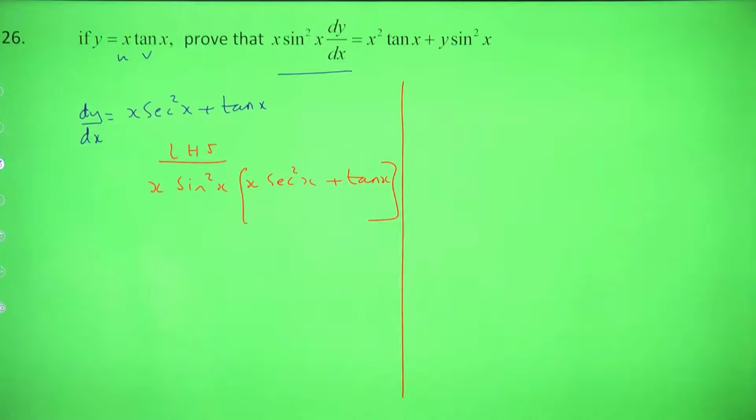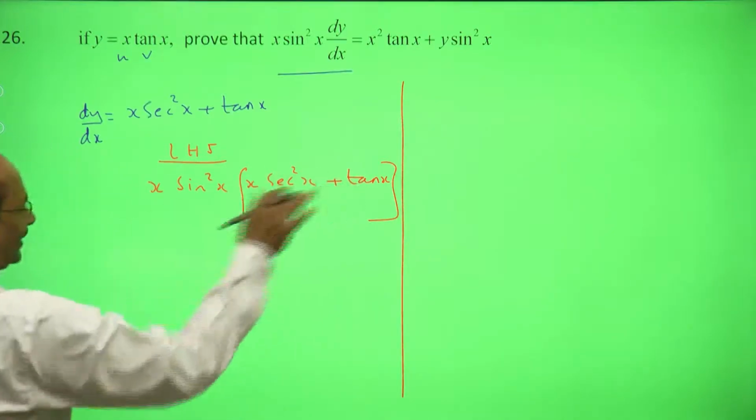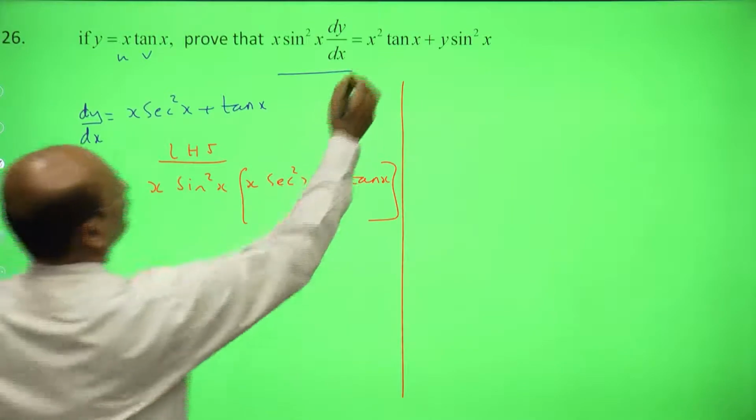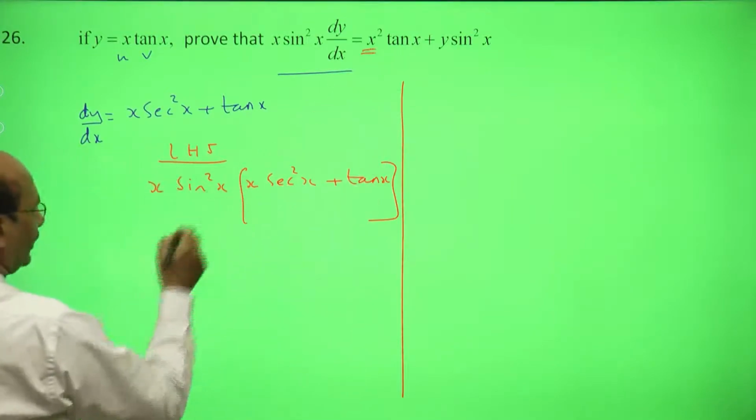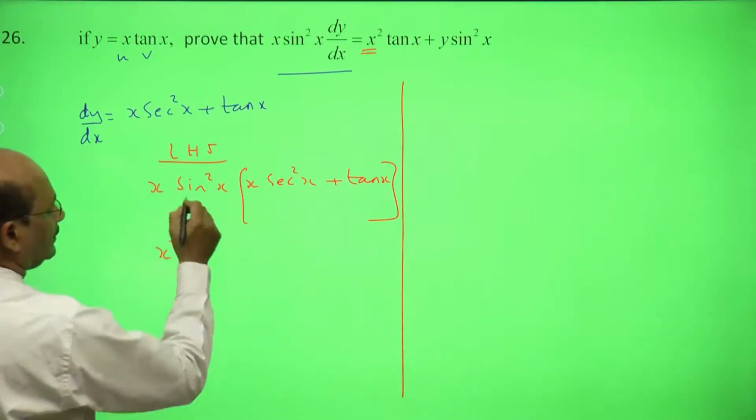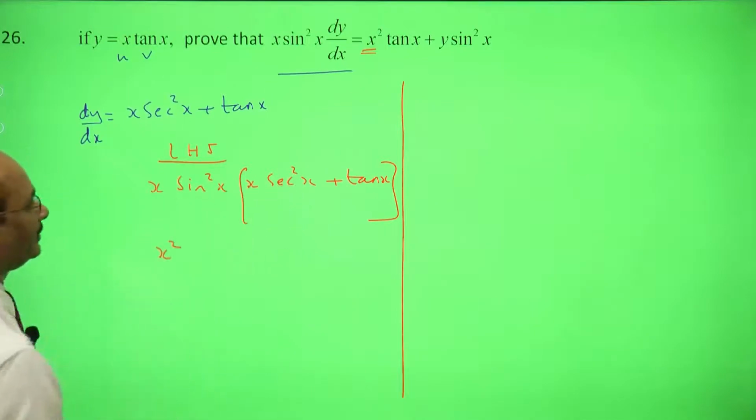What I can do is, I think I should get directly the answer here. I'll tell you how. Open the bracket. This will become x into x. See, because there is an x square here, x into x will become x square, sin square x into sec square x.